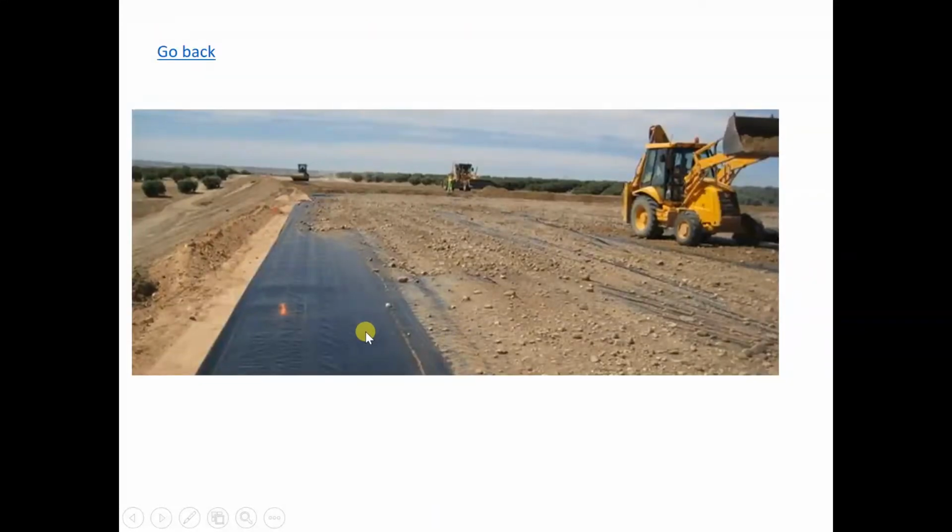So the geotextile is used to strengthen the pavement, actually to distribute the traffic loading underneath the pavement materials, so it can cover any weak spot in the pavement materials.